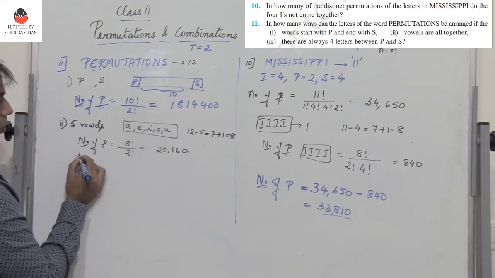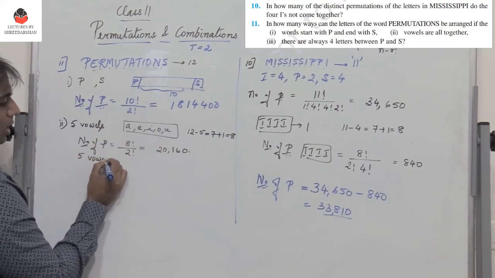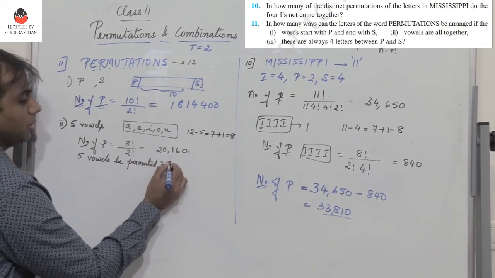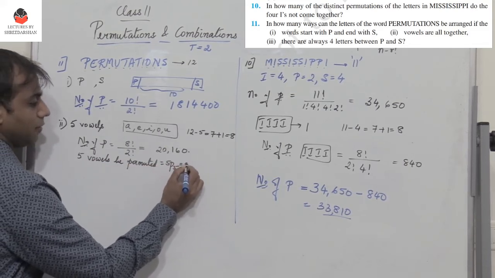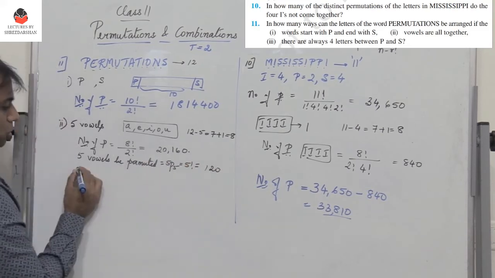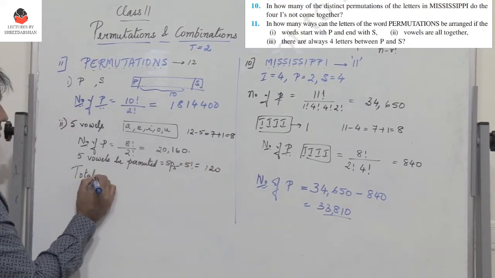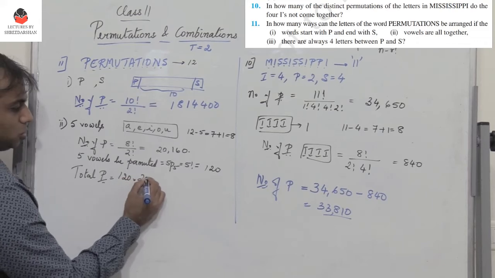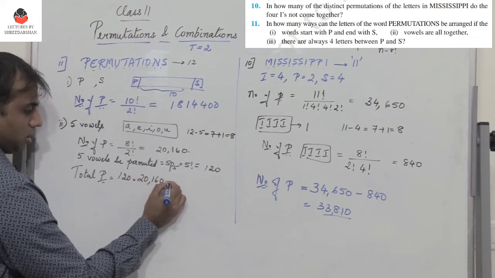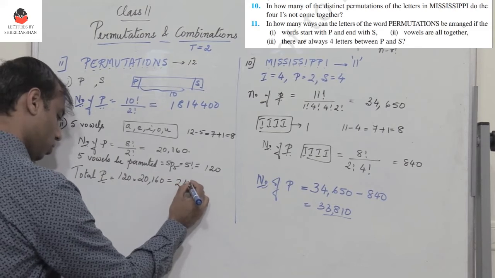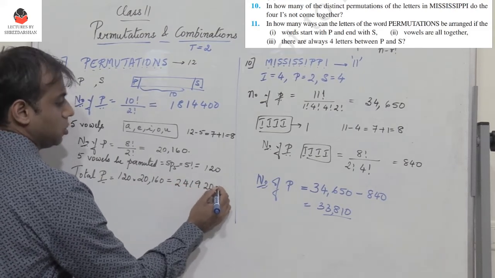Now these 5 vowels, though they are together, they themselves can be permuted. In how many ways? It's going to be 5p5, or 5 factorial. So this is 120. So the total number of permutations is going to be 120 into 20,160. So you get a huge answer, which is 2419200 ways.